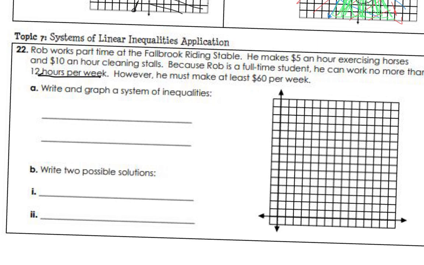So if we say X is the number of hours for horses, and Y is the number of hours cleaning, then if he works X plus Y hours, he's no more than, so that means less than or equal to 12 hours per week.